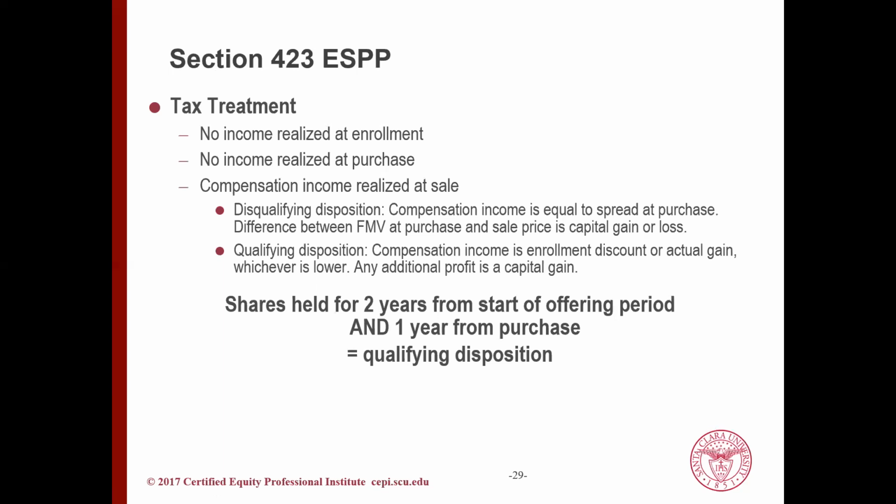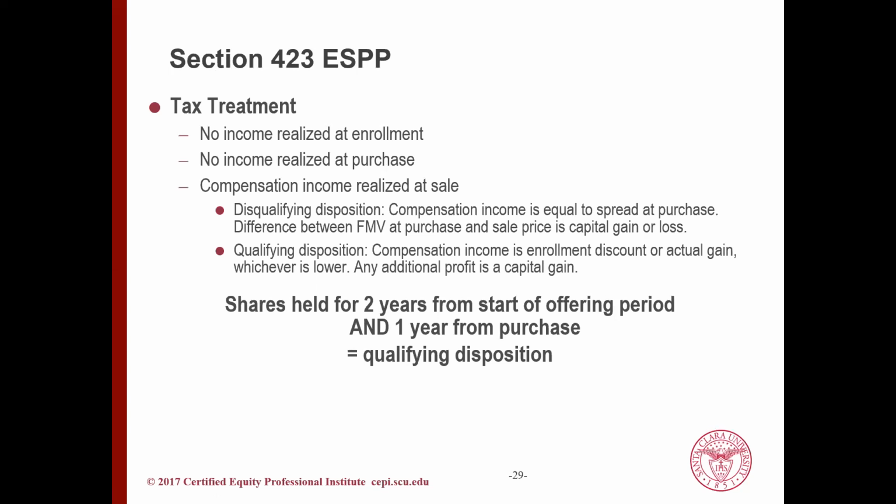Since this income isn't reportable until a sale is done, it can be confusing if the purchase price was, say, $5 based on the enrollment date FMV, the purchase date fair market value was $25, and the sale was at $15. Logic would say that the compensation income was $15 less the $5 cost, but the rule is that the spread at the date of purchase is the compensation.